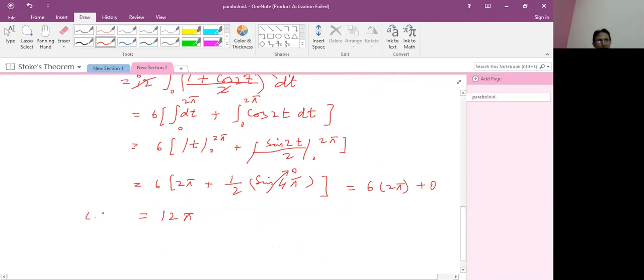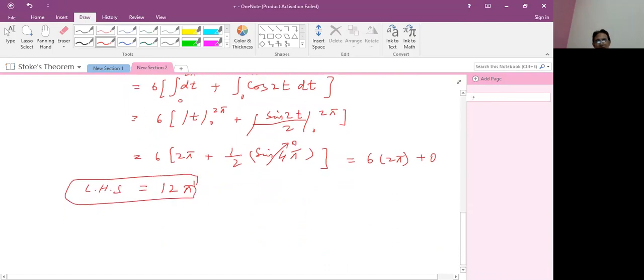So now students, that is the left hand side result; we will continue with the right hand side of Stokes theorem, the double integral over sigma of curl f dot n cap into ds.